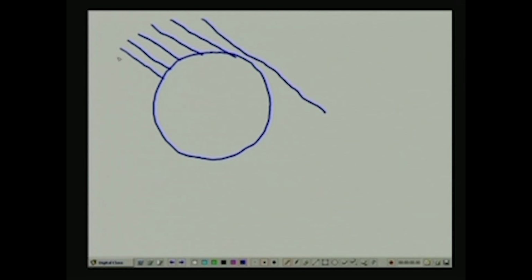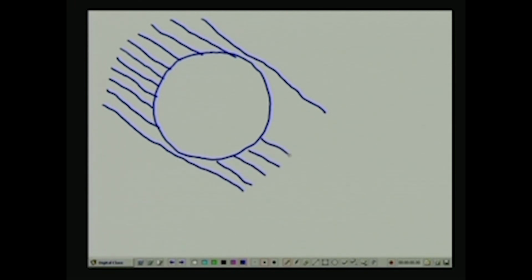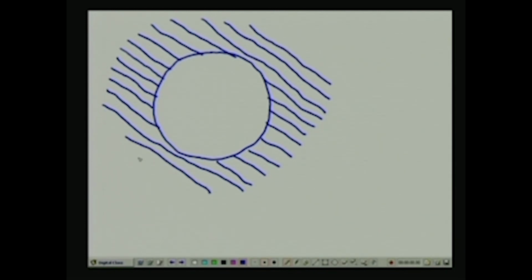In fact, the beddings are going to be much more closely spaced than what I am drawing here, if you recall the discussion that we had while talking about classification of structural features within rock masses on laminations.